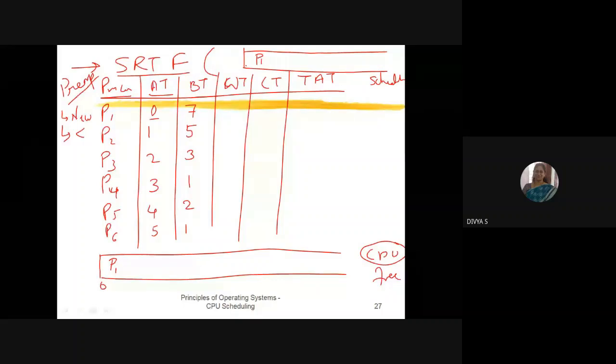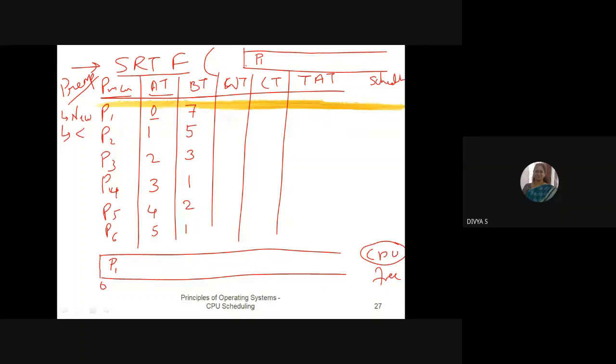Clear? Now, what is the second condition? If new processes are available or arrived at their respective times, is the new arrived process's burst time lesser than the currently executing process's burst time or not? Let's do it.